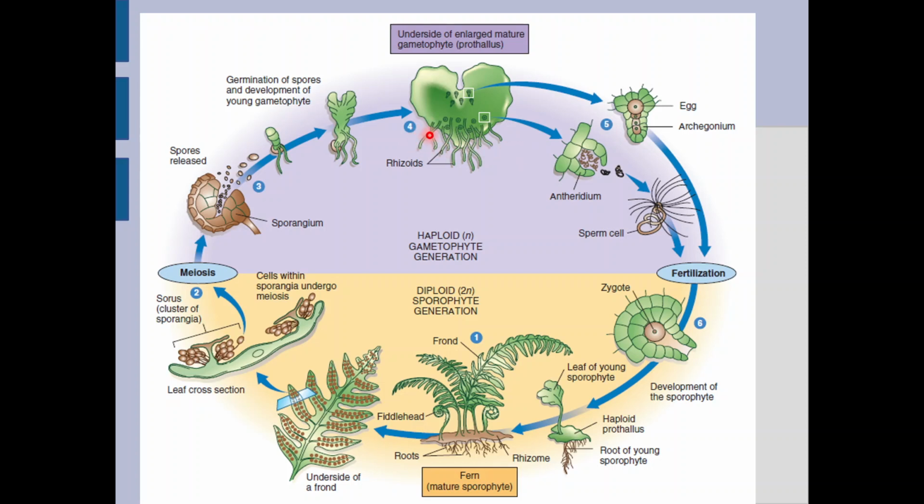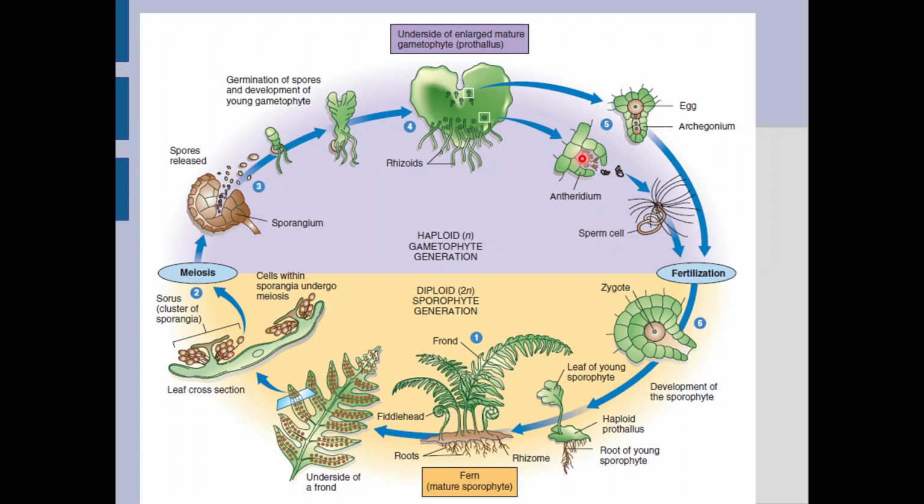So these rhizoids stick to the ground. The prothallus usually produces both female gametangia, that is archegonia, and male gametangia, that is antheridia. So the female archegonium and male antheridium are both on the prothallus.